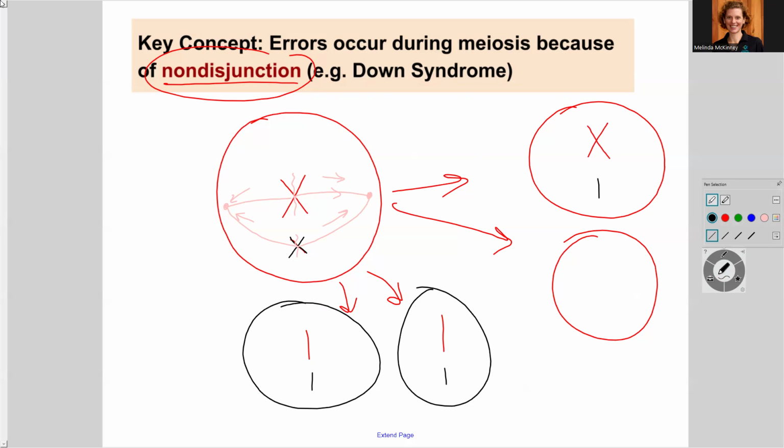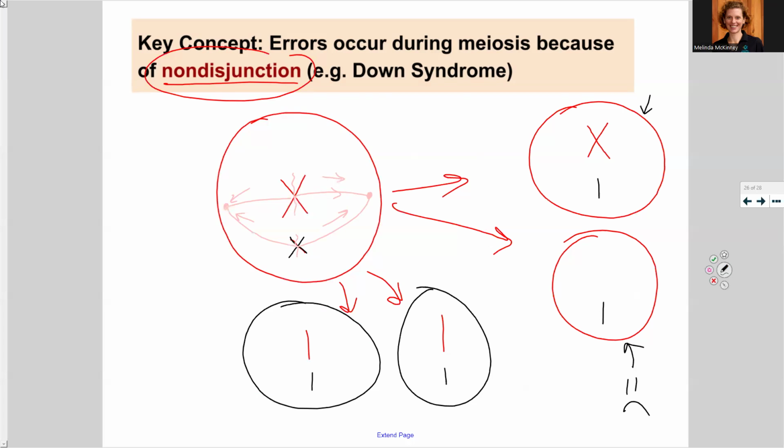The other cell didn't get any of the large chromosome. So this cell probably will not be viable because it's missing an entire chromosome, so it will probably end up going through apoptosis, not reproducing. This cell up here may reproduce, but it will have an extra part of the chromosome.